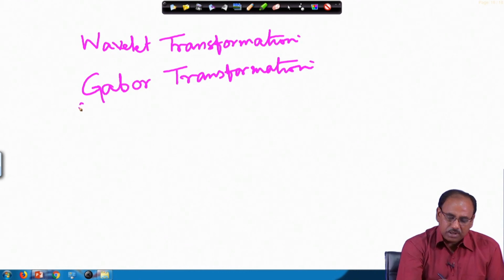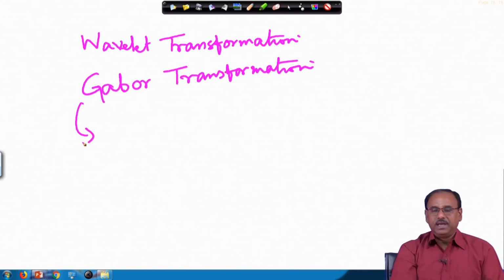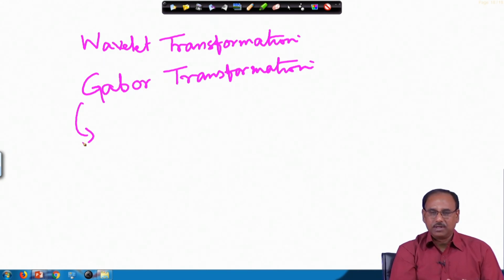In case of Gabor transformation, this is very interesting. Gabor transformation is nothing but a filter which is a cosine modulated Gaussian envelope, and that can be oriented in various directions. As it is cosine modulated Gaussian, I have two parameters there.